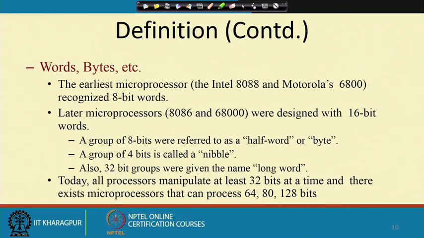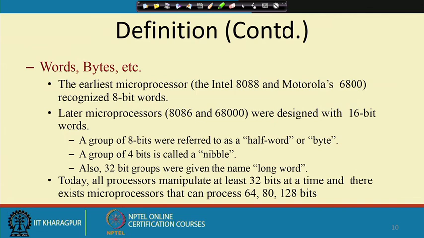So, with these microprocessors having a 16-bit word, a group of 8 bits we call a half word or a byte. If we call a word 16-bit, of course, there is no standardization like this.